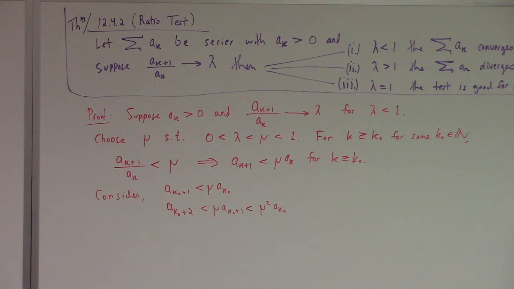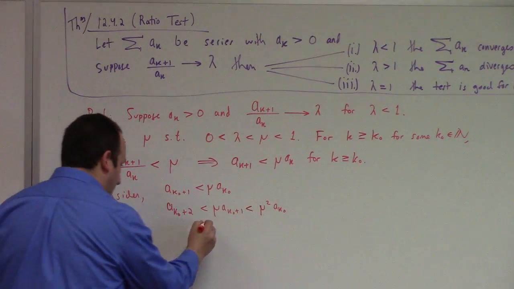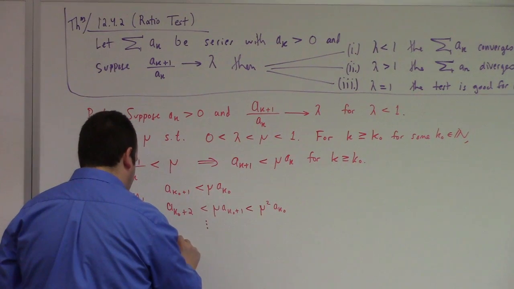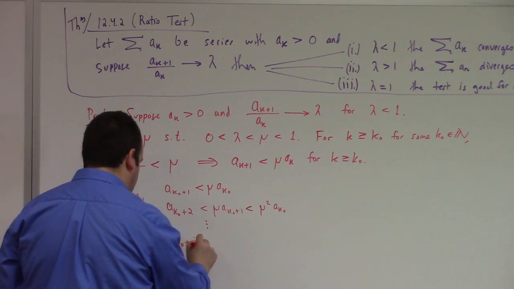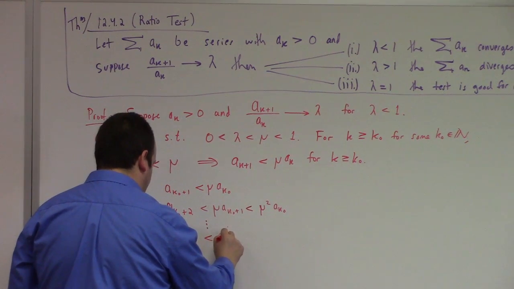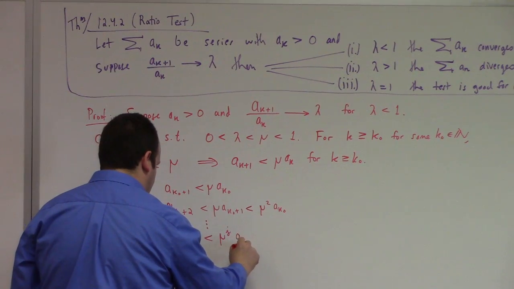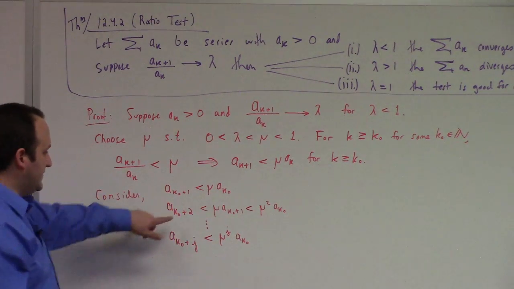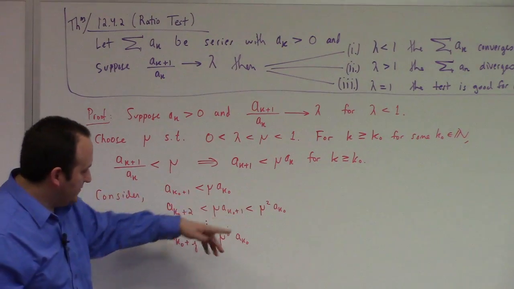So just keep doing this. We have a sub k naught plus j is less than mu to the jth power times a sub k naught. This is j equals 1, this is j equals 2, and you just keep doing this.